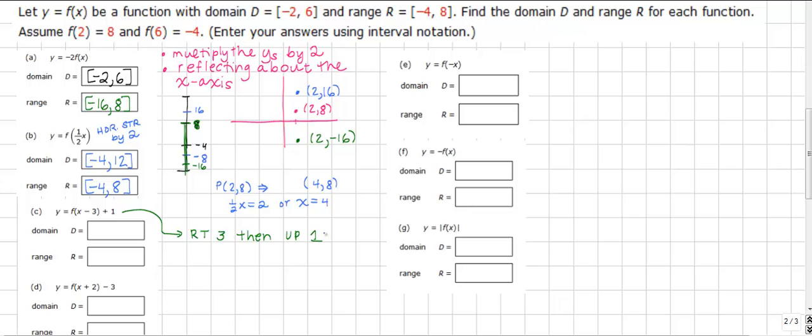Right 3 affects your domain. If I take the original domain, -2 to +6, and I move it right 3, going to the right means I'm adding 3. So this will become the closed interval 1 to 9.